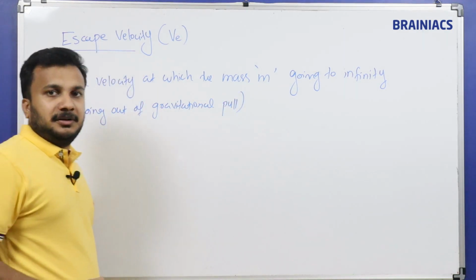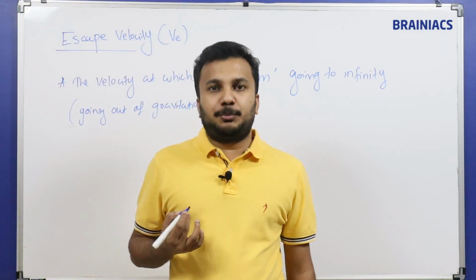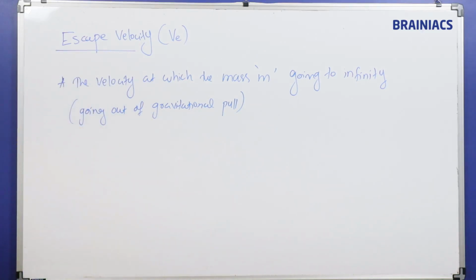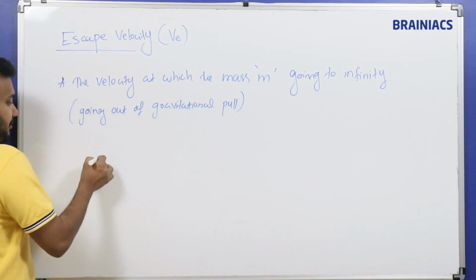If you are throwing something and it goes out of gravitational pull, it is not returning back and it is going to infinity. The point we are discussing will be here, which is going to infinity and not under the gravitational pull.